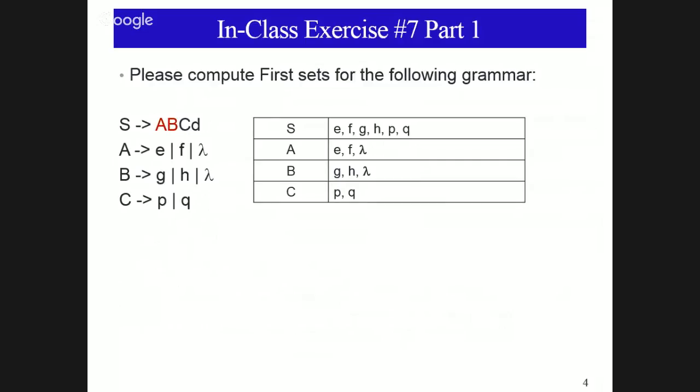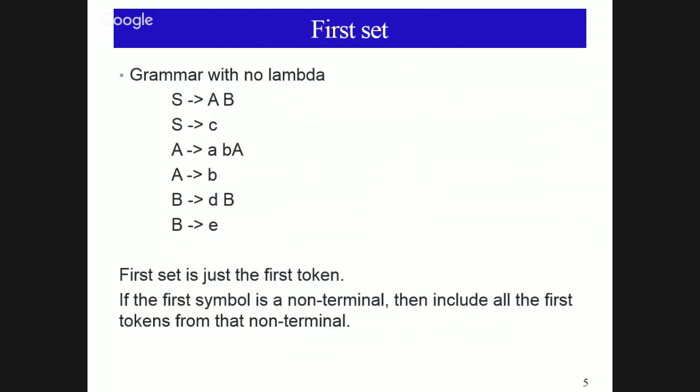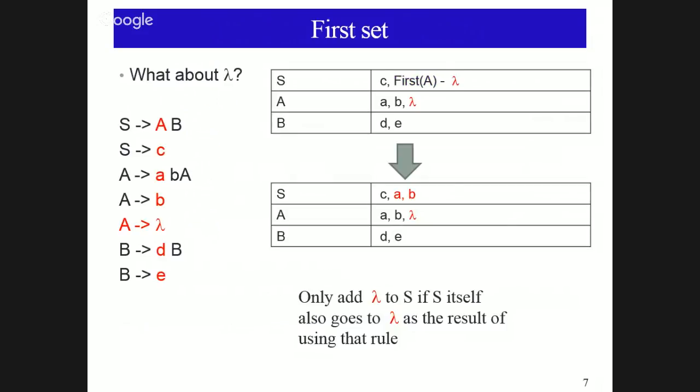If I'm looking for a while loop, obviously the first token I'm looking for is while. If it's not while, then it's not a while loop. It's something else. So that's how we use the first set. Even in recursive descent, which we didn't talk about as being necessary, even in recursive descent, we could utilize the first set.